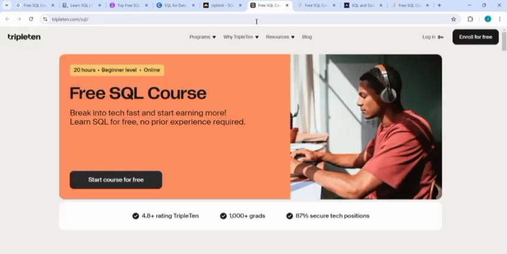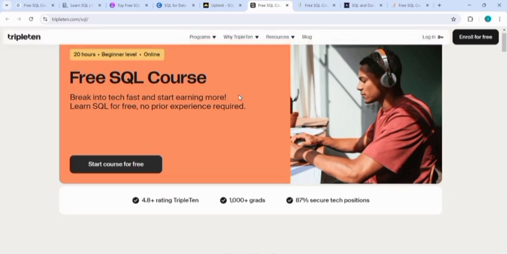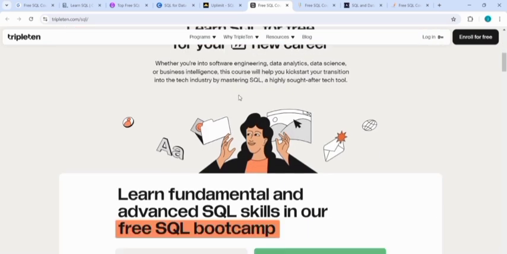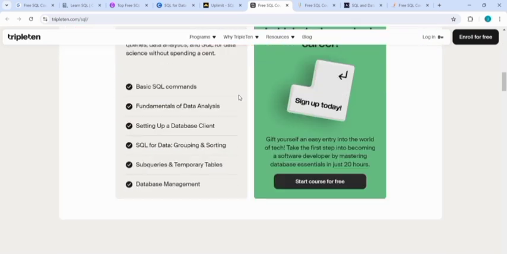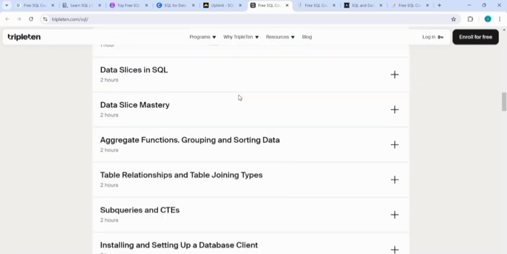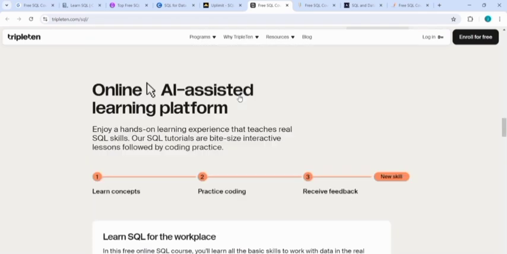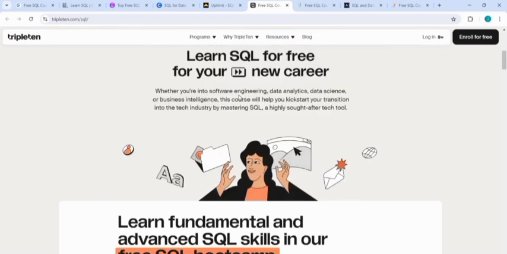Now moving towards our sixth course, that is provided by Triple Ten, and it will be a free SQL course. It will be a beginner level, 20-hour online course, and you can start the course for free. So many of these course providers have their membership and other payment for the certification.